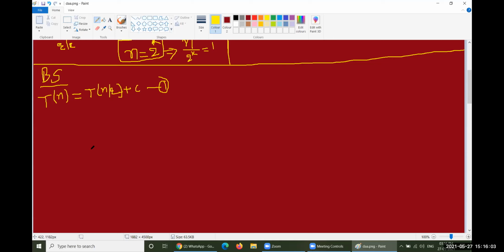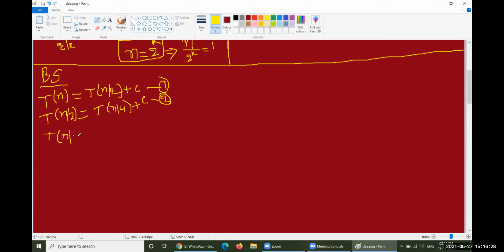We need to identify the value of T of n by 2. T of n by 2 equals T of n by 4 plus c. This is equation number 2.